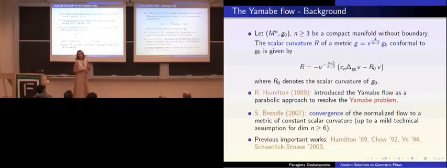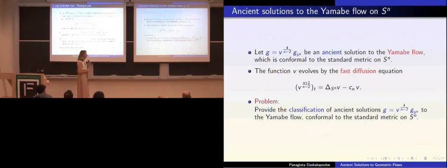Of course, Brendle was the one that proved the complete result, assuming a mild technical assumption, dimension n bigger than or equal to 6, and he showed that in the compact case you have convergence to the spheres.